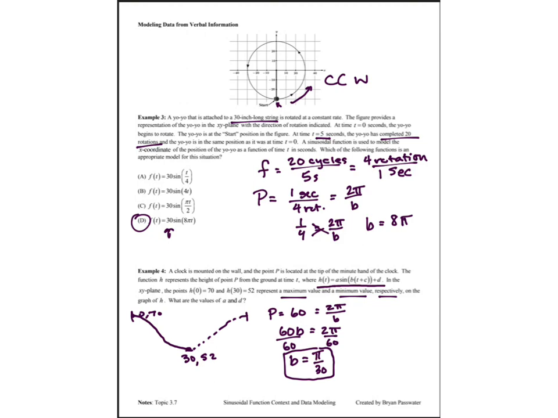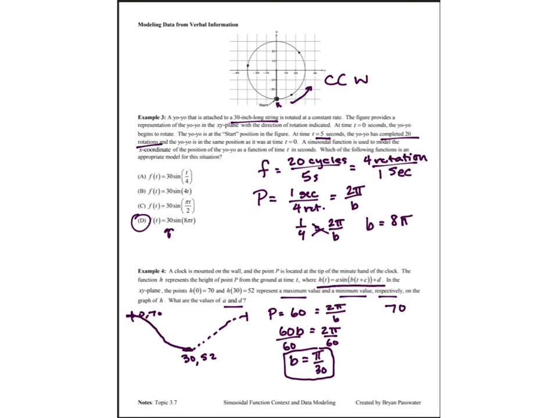The question really here, though, is what is A and D? But let's run the full gamut. Let's get the whole function while we're at it. What are the values of A and D? We're dealing with a maximum and a minimum. What could we do to find the amplitude? Okay, split the difference.